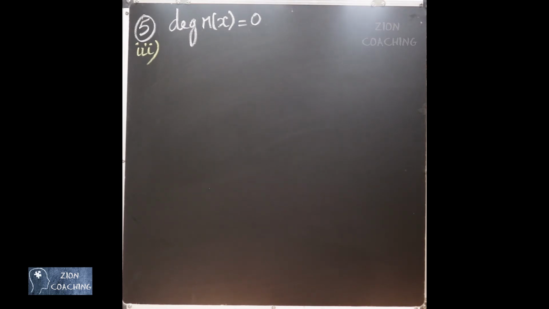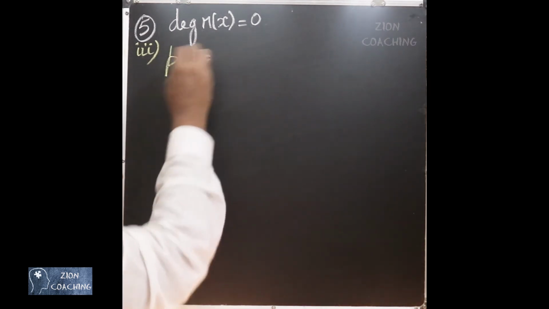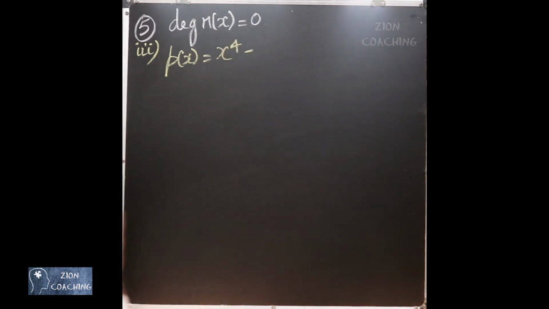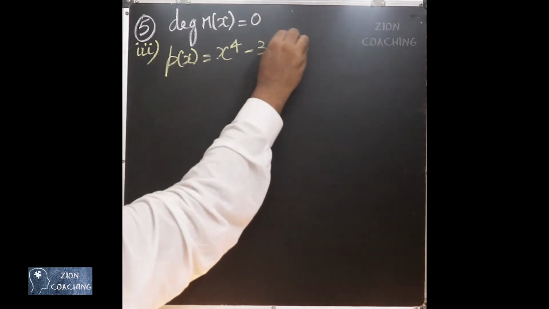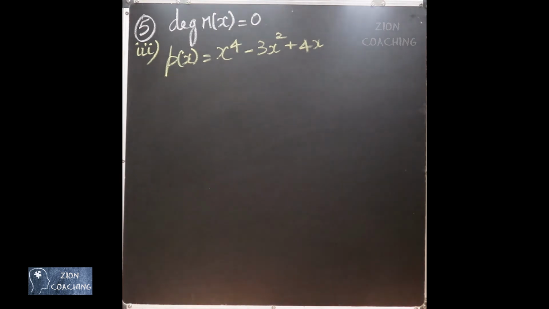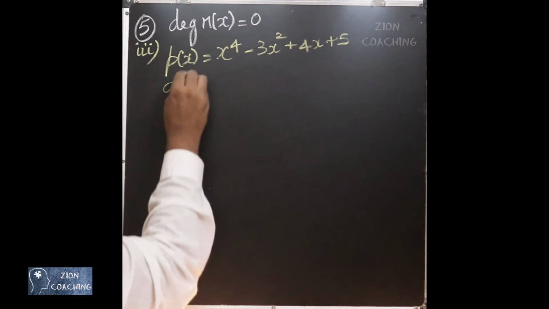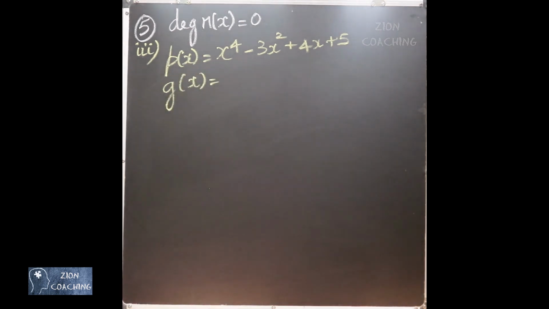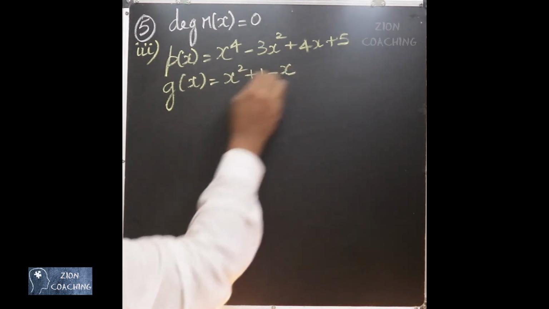There was a question where we had p of x is equal to x power 4 minus 3x squared plus 4x plus 5, and g of x is equal to x squared plus 1 minus x.